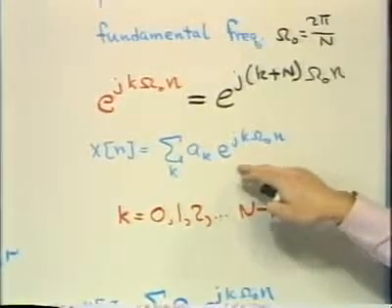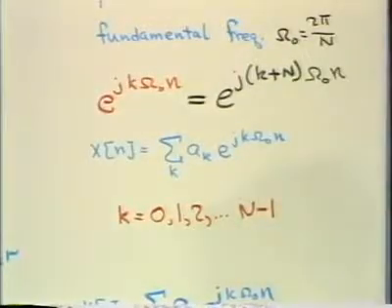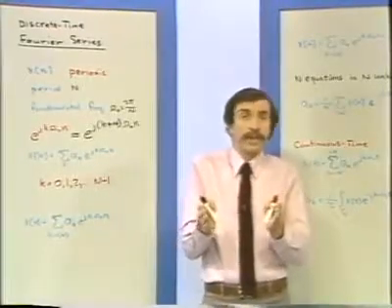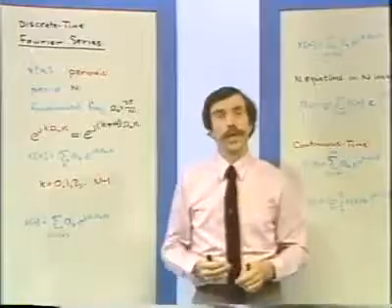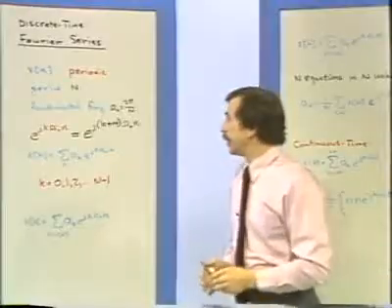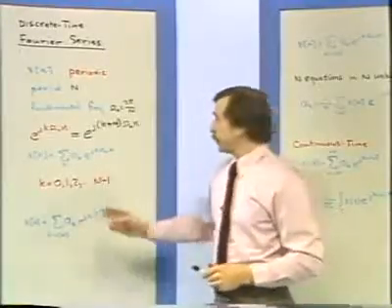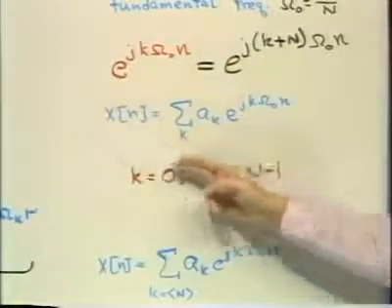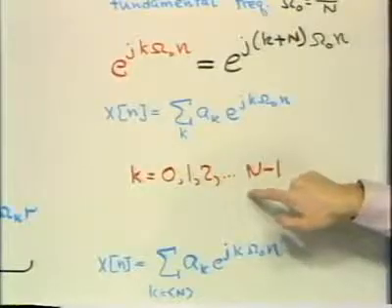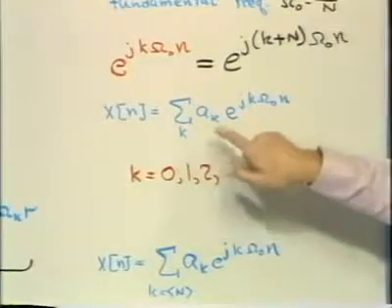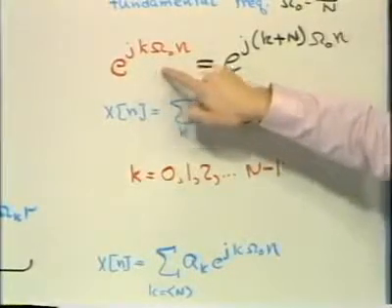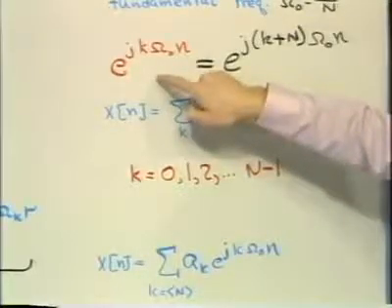Although, since these complex exponentials repeat in k, I could consider, instead of 0 to N minus 1, from 1 to N, or from 2 to N plus 1, or whatever. Or, said another way, in this representation, I could choose k outside this range, thinking of these coefficients as periodically repeating in k because these complex exponentials periodically repeat in k.